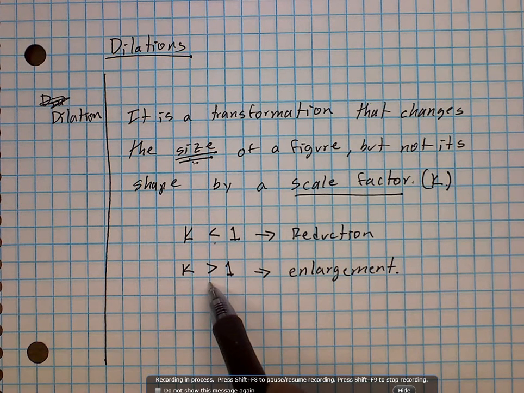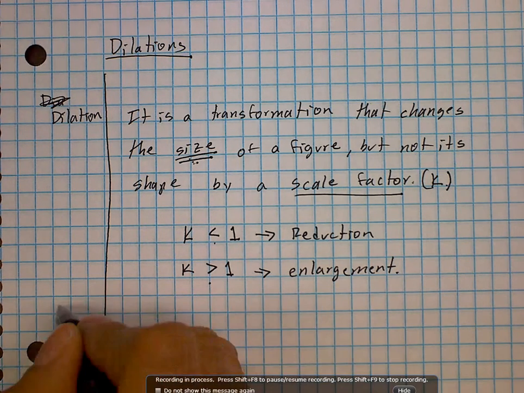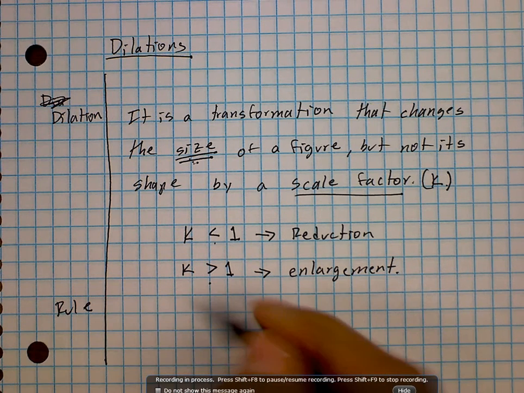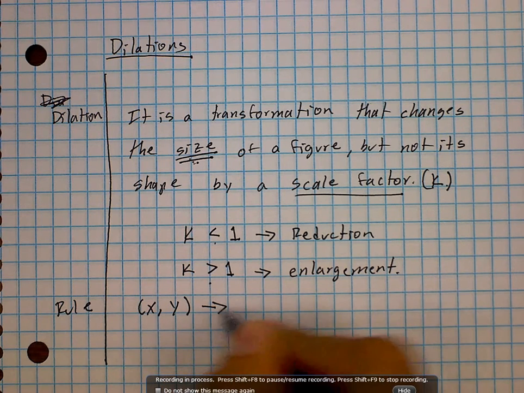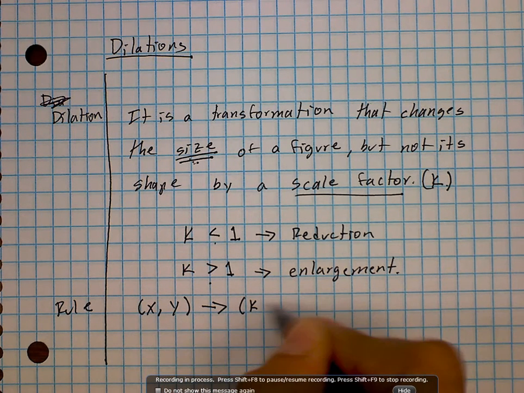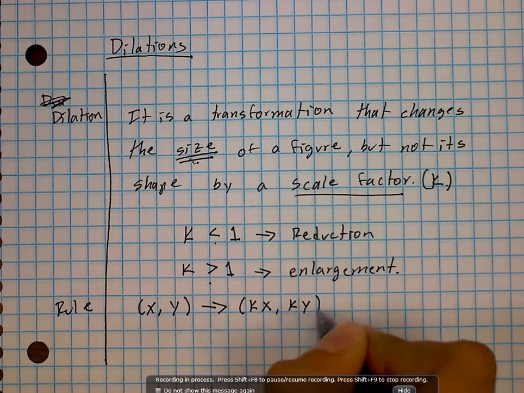Okay, so the rule for this: let's say you have the point (x, y). All you have to do is multiply every x by the scale factor and multiply every y by the scale factor. It's going to give you a new point.